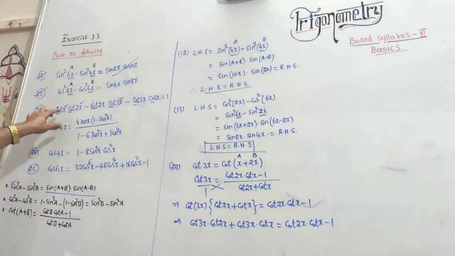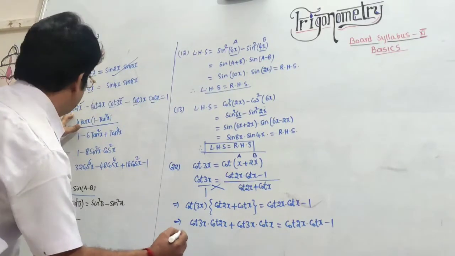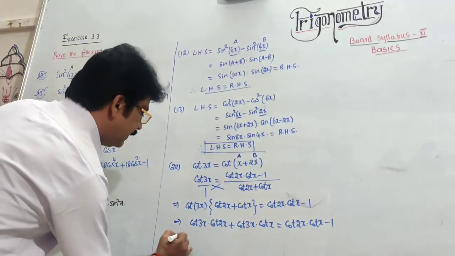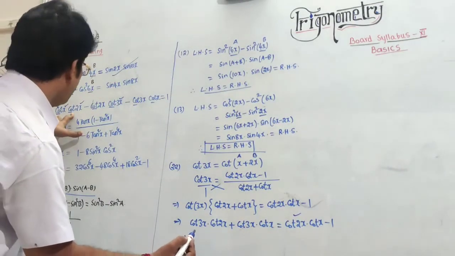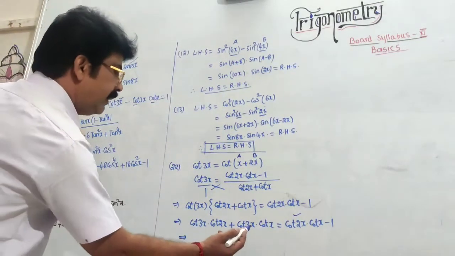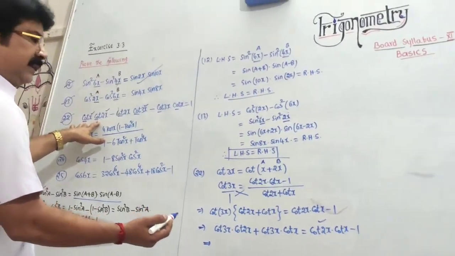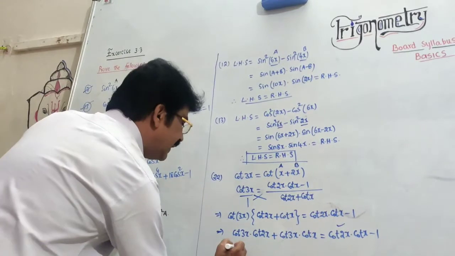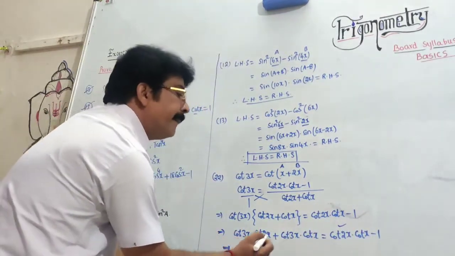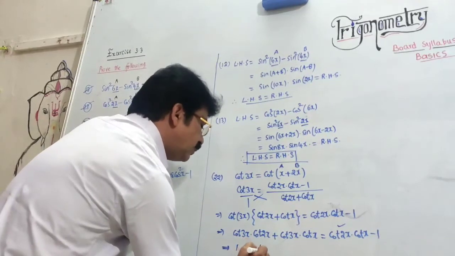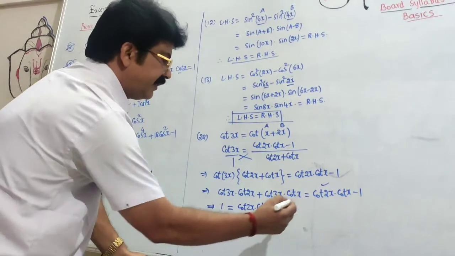You see, cot x, cot 2x. Understand? So cot x, cot 2x, minus 1, that is equal to, take this minus 1 here. Next, cot 2x into cot x, same in the RHS.